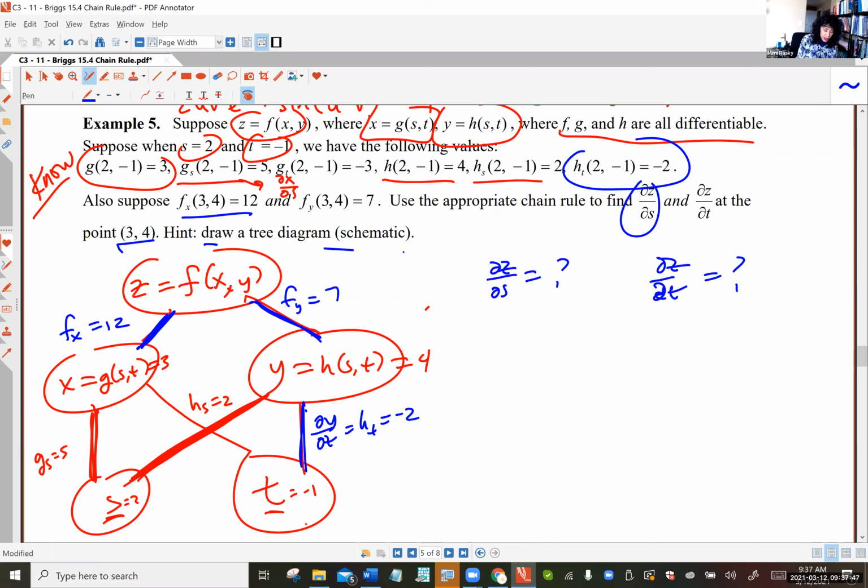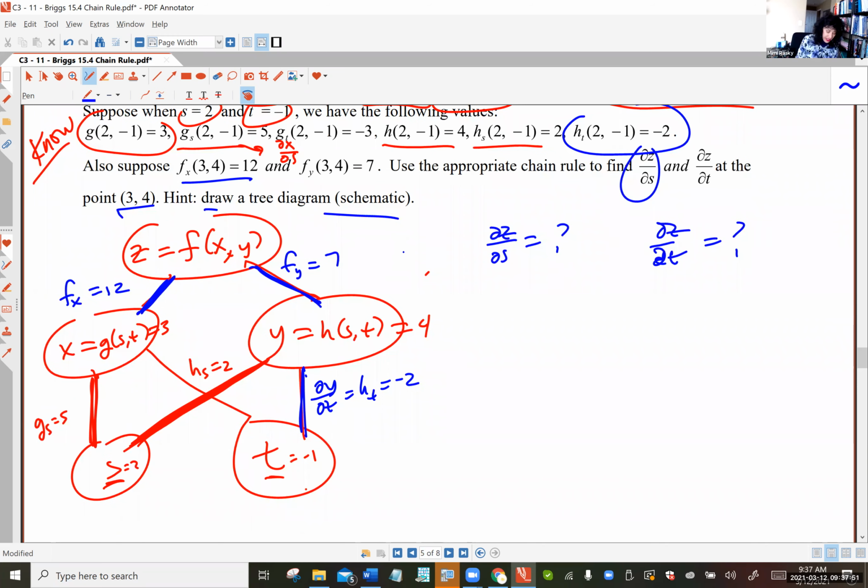Okay, so it says hint, draw a tree diagram, which I did, and I claim this tree diagram is really going to help me. Because if I start by going, well, dz ds is dz dx times dx ds plus dz dy times dy ds, and that's when I'm using everybody's first name. But if I give them different names, you could call this df ds, and dz dx is really the same as fx.